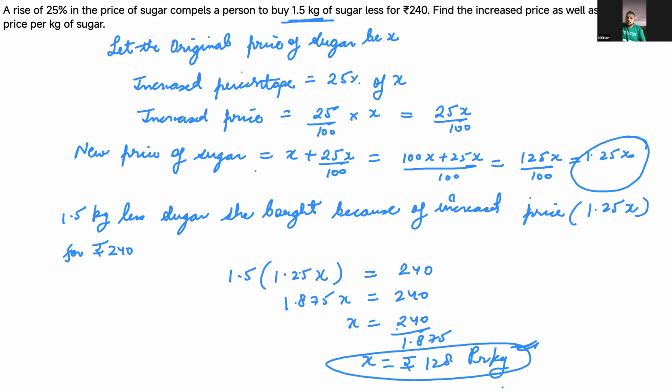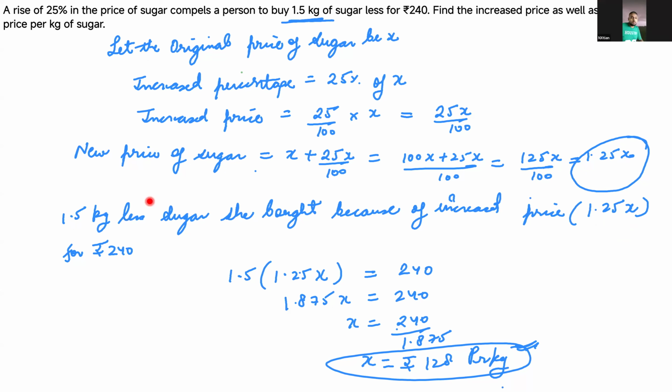Can you just repeat the part after the new price of sugar, the line after that? Can you explain that one? See, because of the increased price. Now, what is the increased price? It is 1.25 times x. This is the new increased price. Now, because of this, she bought 1.5 kg less sugar.